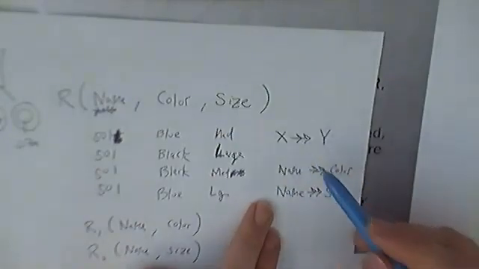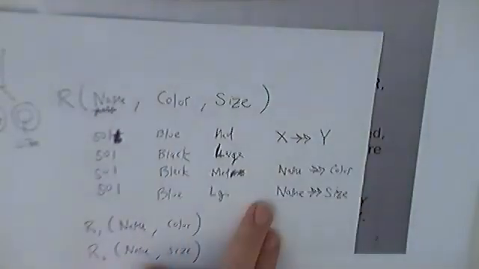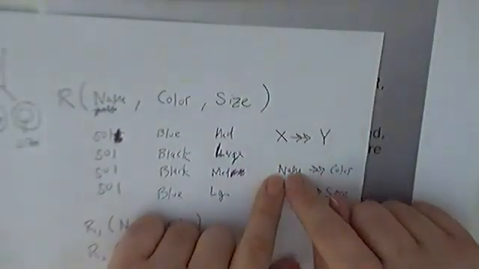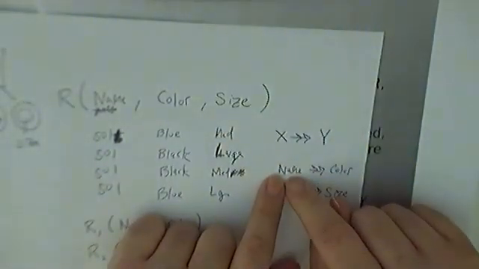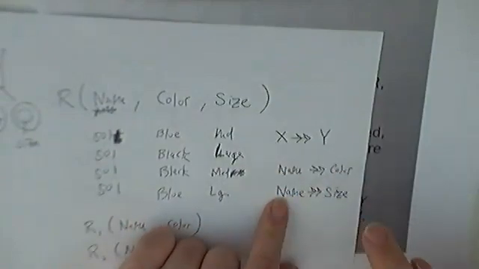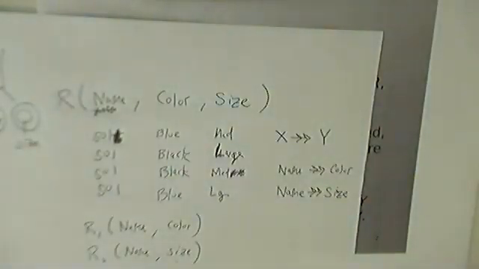Those are the two multi-value dependencies that are governing this table. Notice there's no key here. But this basically says if you give me a name, I can give you a set of colors. If you give me a name, I can give you a set of sizes.